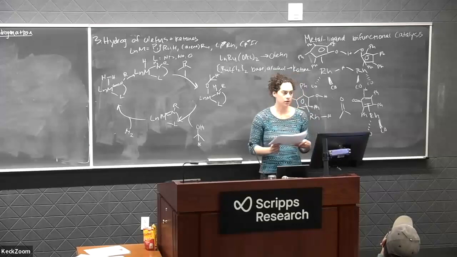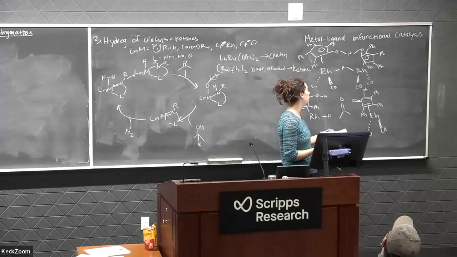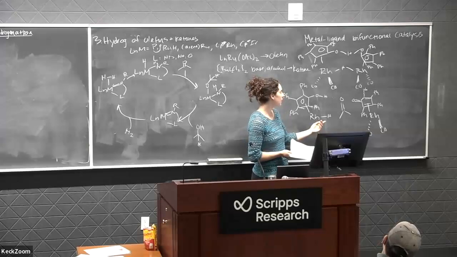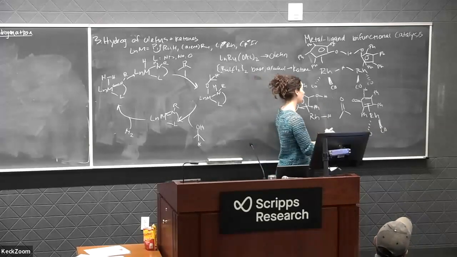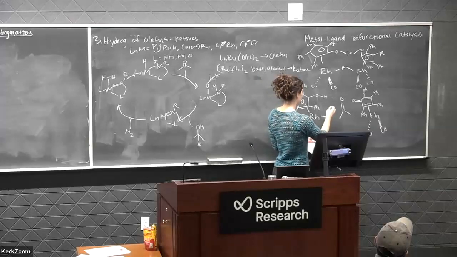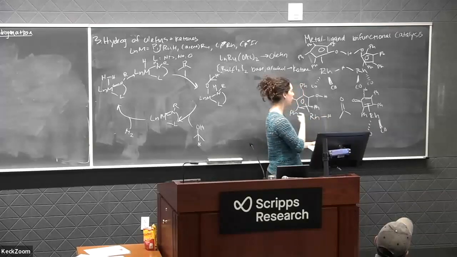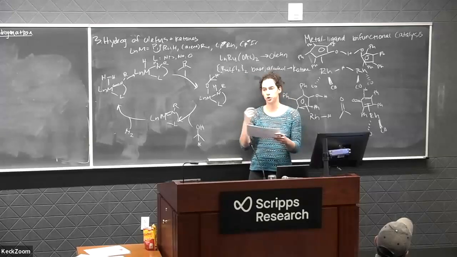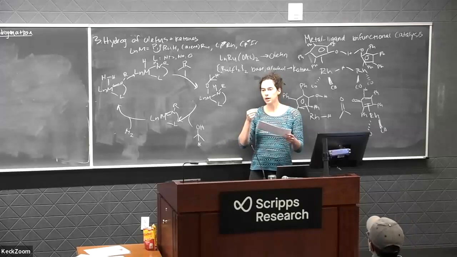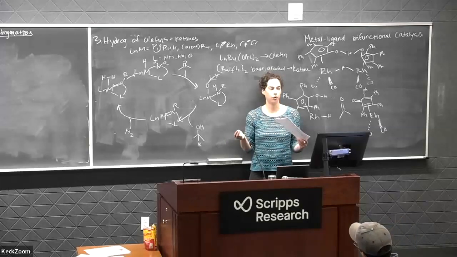So something that allows these to be specifically useful for ketones is that they are polarized well. So rather than, I guess a lot of the cases where both of the hydrogen atoms are centered on the metal, those hydrogen atoms are less polarized. So they're going to add to less polarized double bonds.